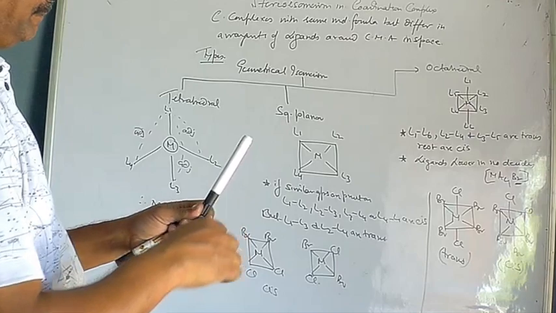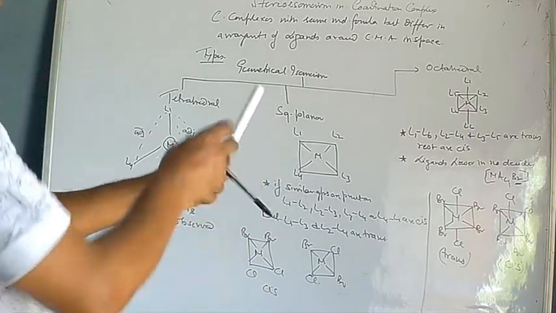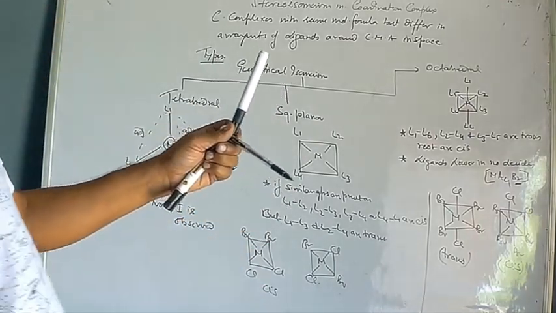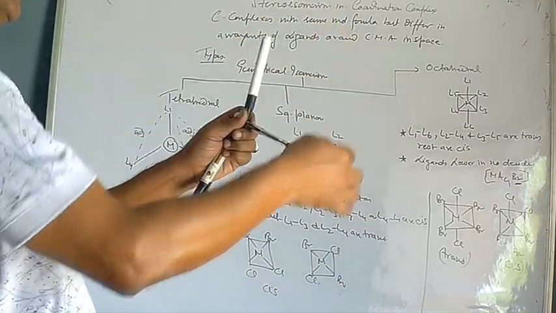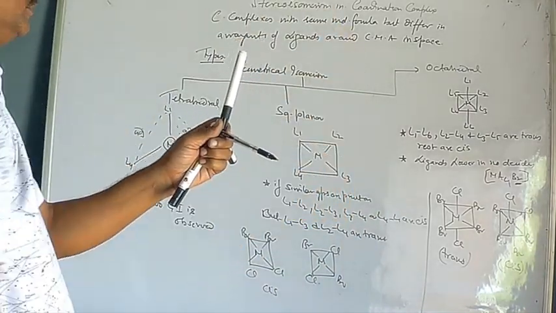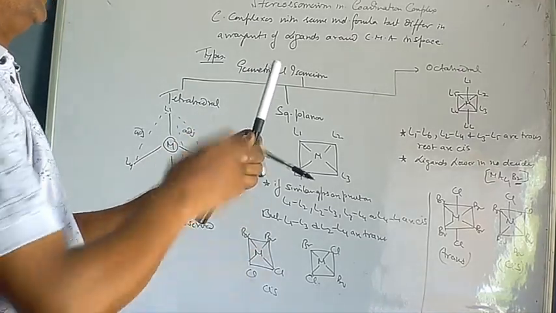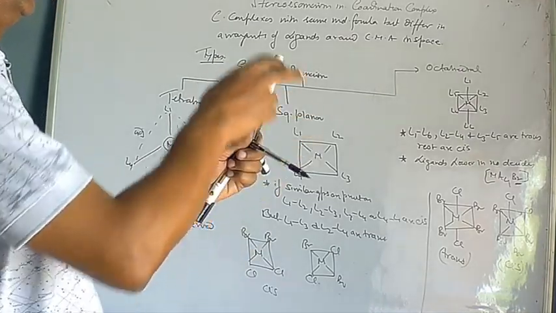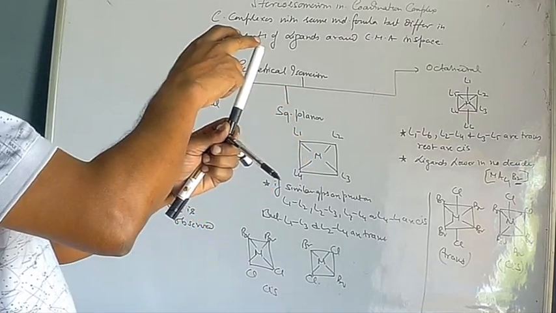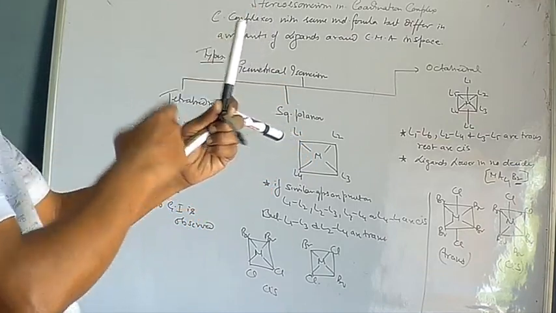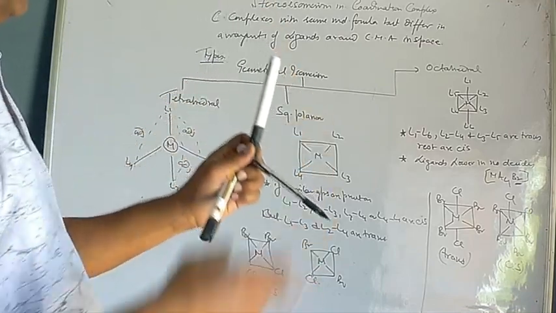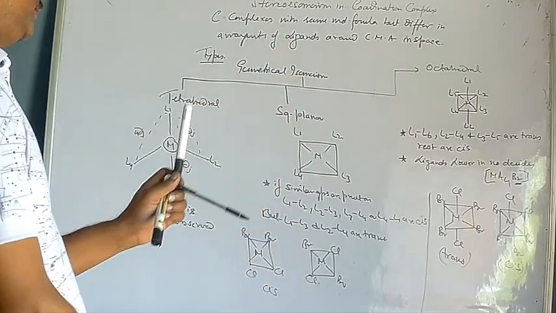See my hand. Imagine this is the metal, and we have four ligands surrounding it. This is called tetrahedral arrangement. First ligand, second ligand, third ligand, and fourth ligand. Class, what do you find? We find that all have equivalent adjacent positions. See, adjacent position, similarly adjacent position, similarly adjacent position. So all have similar adjacent positions.